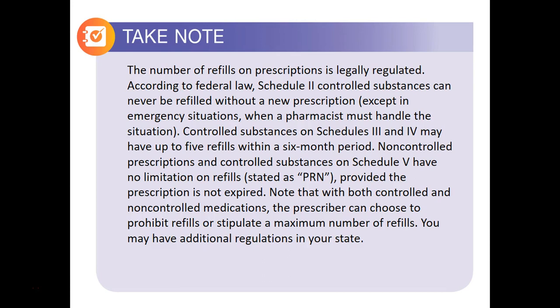Controlled substances in Schedules 3 and 4 may have up to 5 refills within a 6-month period, and non-controlled medications and controlled substances that are Schedule 5, according to federal law, have no limits on refills, which can be stated as PRN, provided the prescription has not expired. Generally, that's meant to be 11 refills in 12 months' time.